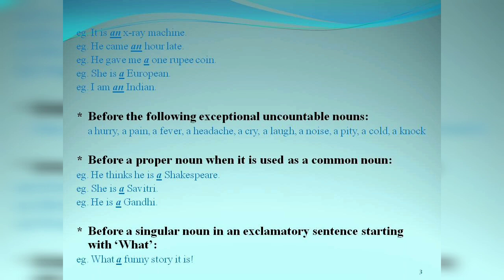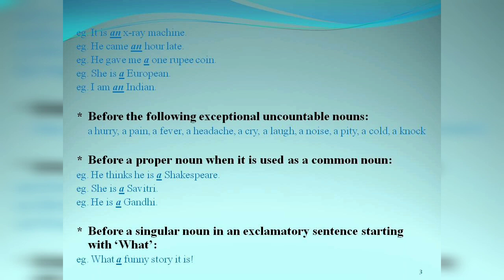Next sentence, he gave me a 1 rupee coin. 1 rupee coin is a singular noun. Although the word one starts with the letter O, it starts with a W sound, which is not a vowel sound. It is a consonant sound. Therefore, we have written here a. He gave me a 1 rupee coin.